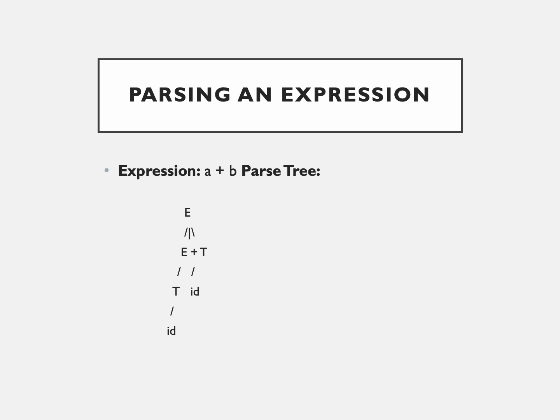Then the rule E pointing to T is applied to replace the left E with T. Now both T nodes are further broken down using the rule T pointing to ID, and now we are representing the identifiers a plus b.